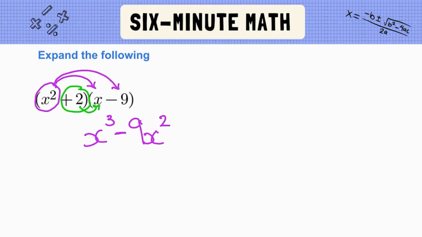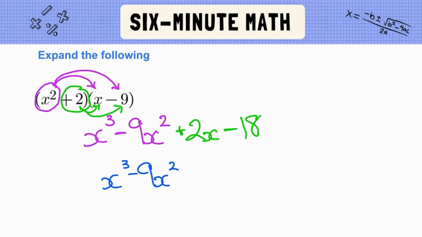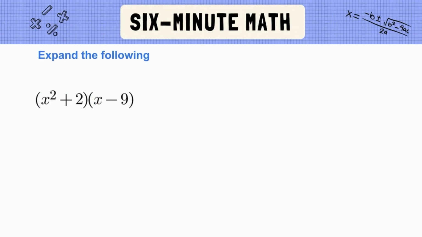We'll multiply this 2 in. 2 times x is positive 2x, and 2 times negative 9 is negative 18. I do a quick scan and see that I don't have any like terms, which makes x cubed minus 9x squared plus 2x minus 18 my final answer.